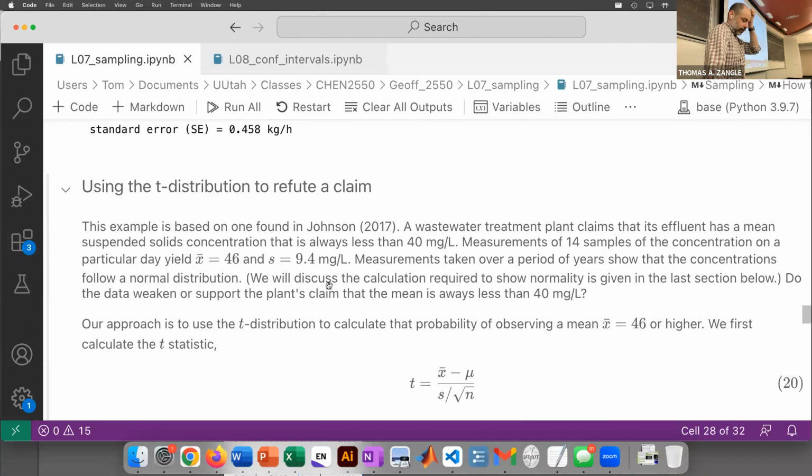All right, any questions on the end of these lecture 7 notes to begin with? Okay, so again, remember in lecture 7 we talked about sampling. We introduced the t distribution as a tool for looking at the expected values for a sample mean.